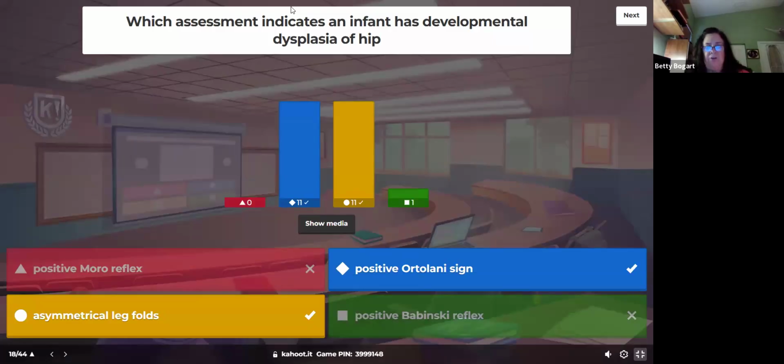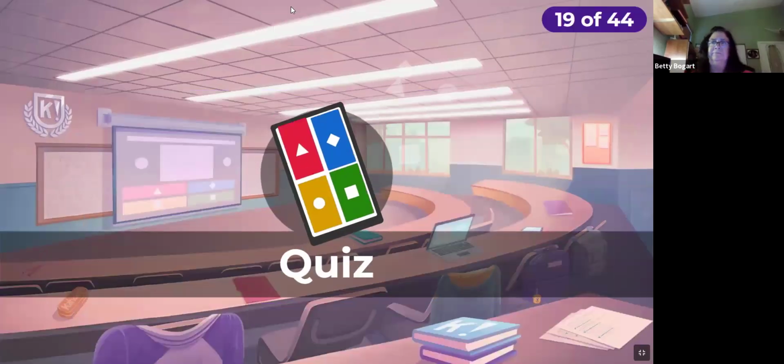We'll have those asymmetrical leg folds, the positive Ortolani. Everybody has a Babinski, whether they're children or adults. It doesn't indicate hip dysplasia, okay? But the leg folds and Ortolani, yes, very good.